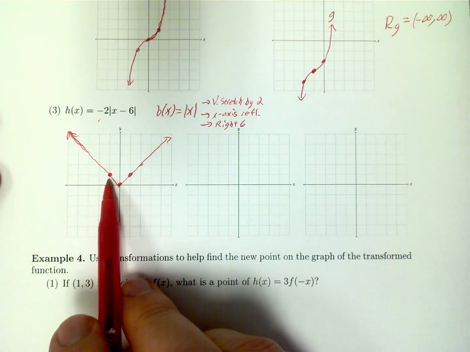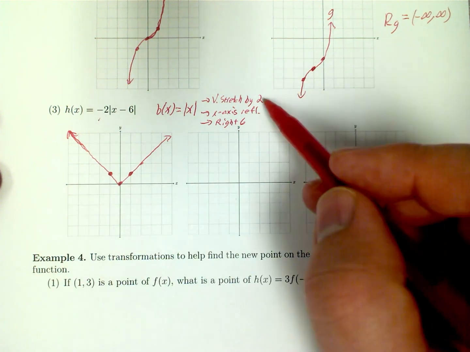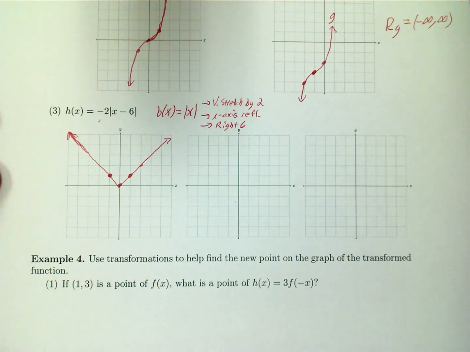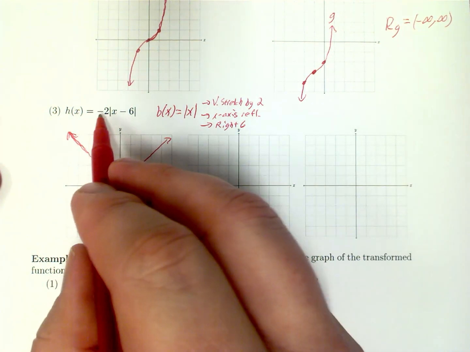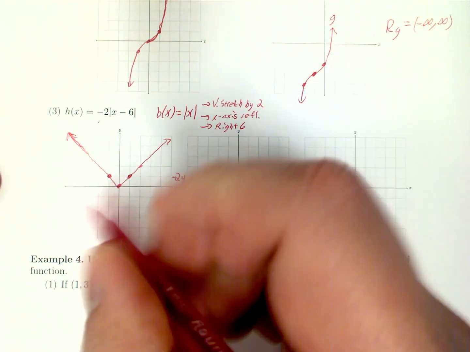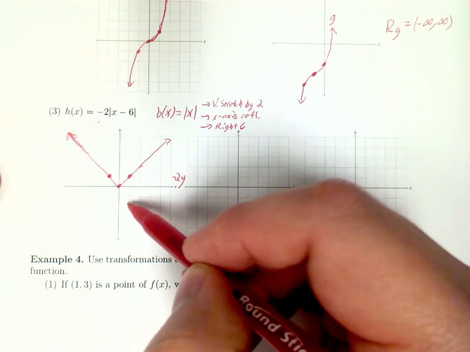Again, I've mentioned this before, we can sort of combine reflections and stretches. And in this case, since both of these are applying to the y, we can do that. So it's really negative 2 being multiplied by the y, so it's stretching it vertically by 2, and then it's reflecting it.